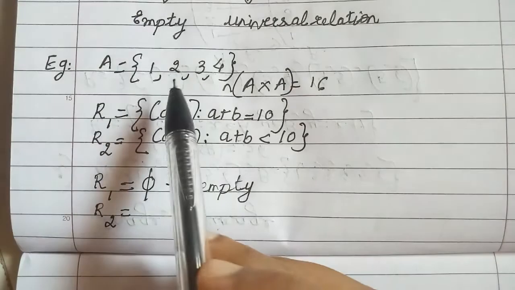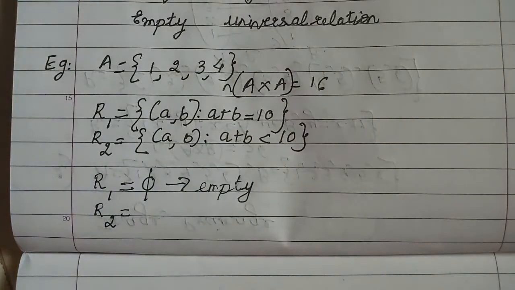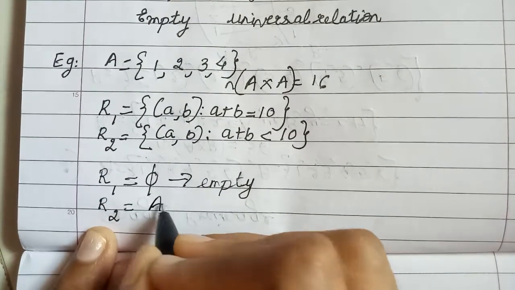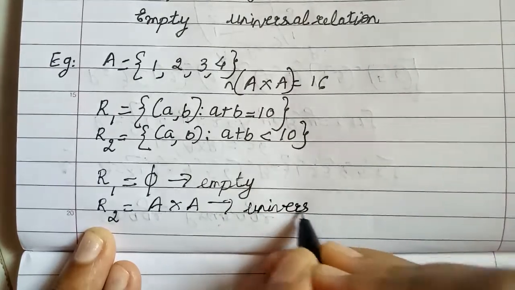And very well you can see that any two elements you take from this relation, the sum is going to be less than 10, because the maximum sum of any two numbers in this set A, or any ordered pair from your relation, is going to be 8, right? So the condition that a plus b is less than 10 is true for all the elements. So your R2 is going to be A cross A. This A cross A is called a universal relation.